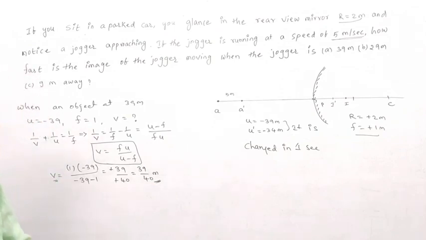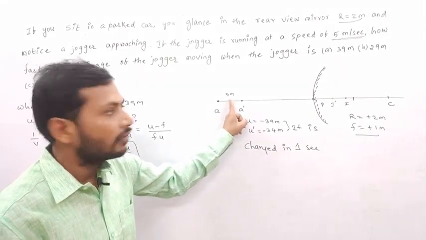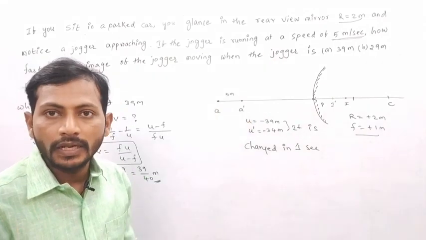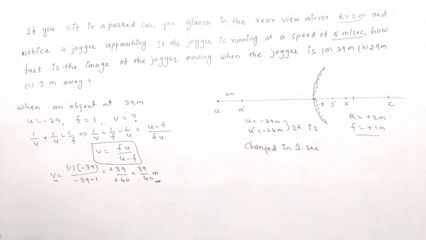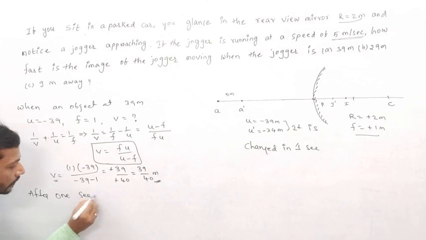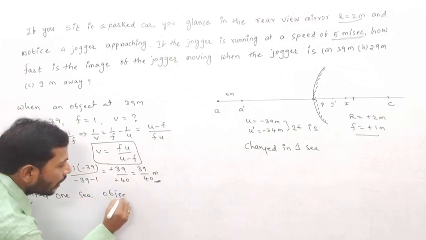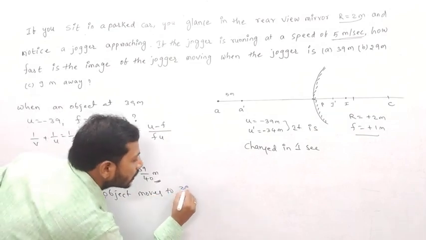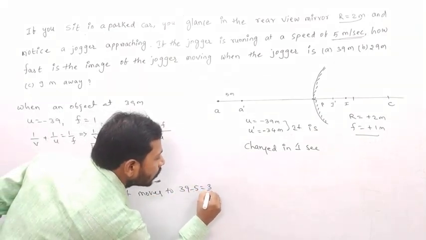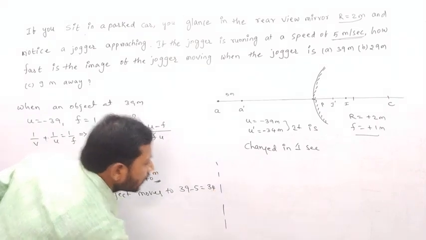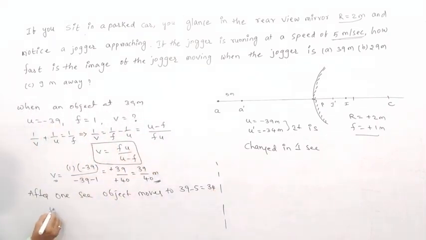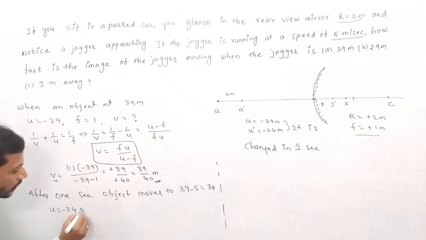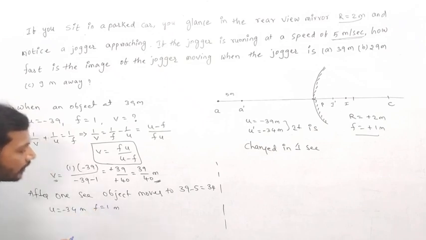Next, after 1 second it has traveled 5 meters, because the speed is 5 meters per second. After 1 second, the object moves to how much? 39 minus 5 equals 34 meters. Here u equals minus 34 meters, f equals 1 meter.